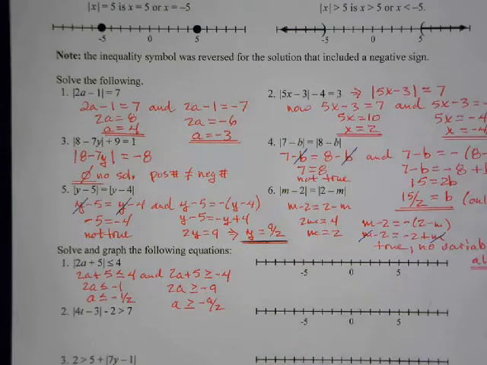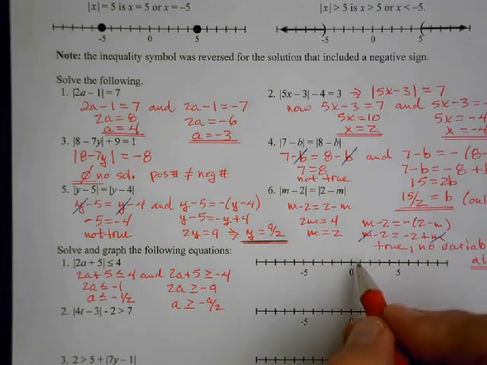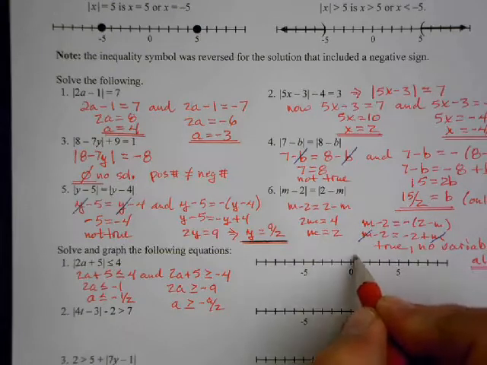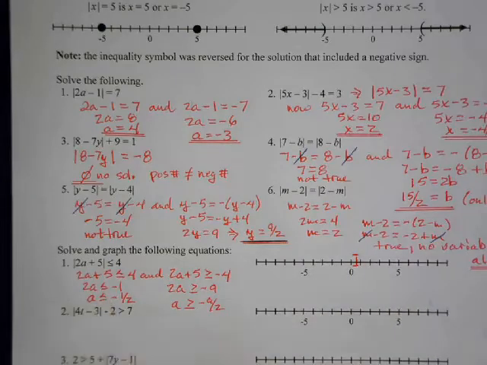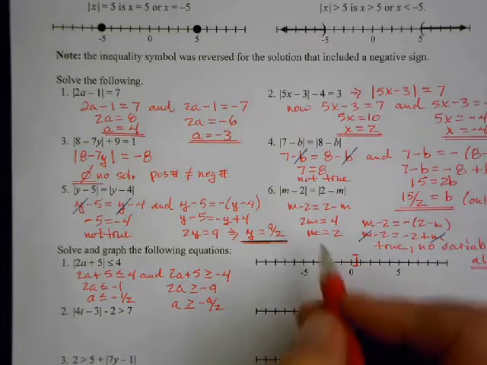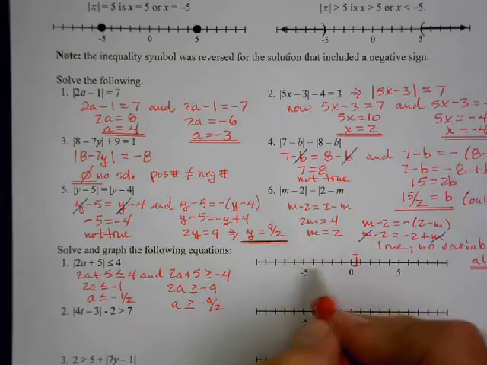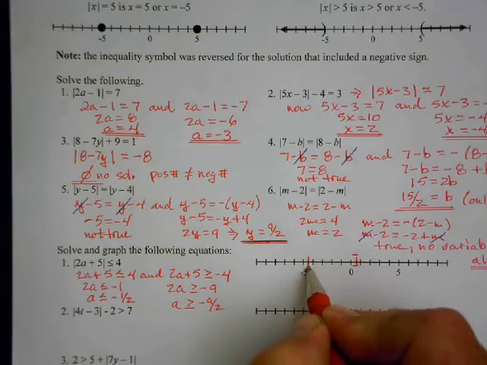So I have to be smaller than 1/2, which will be right in here. I'm going to use brackets because I have lines underneath. And I have to be bigger than negative 9/2, which is 4.5, so almost 5.